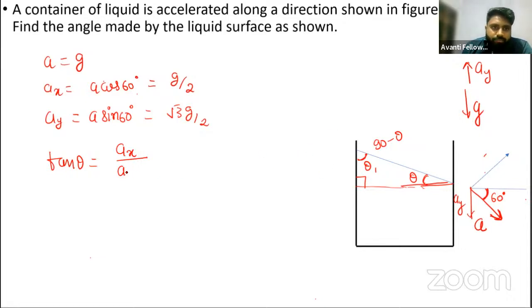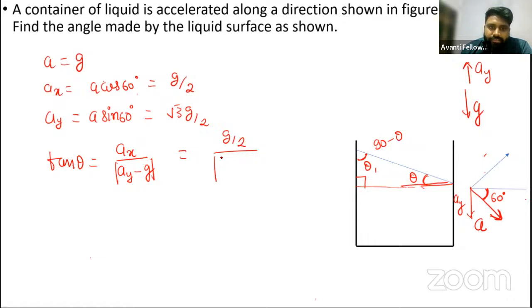So A effective would be, because they are in same direction, so relative acceleration would be AY minus G. Okay, got it? And you have to take the mod of it because maybe this quantity came out as negative. So AX here is G by 2.